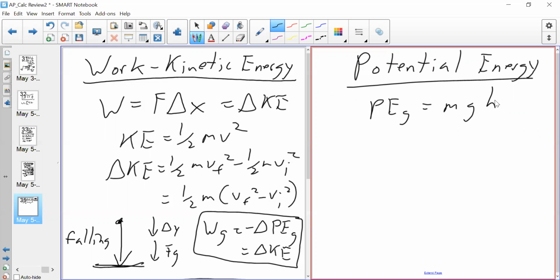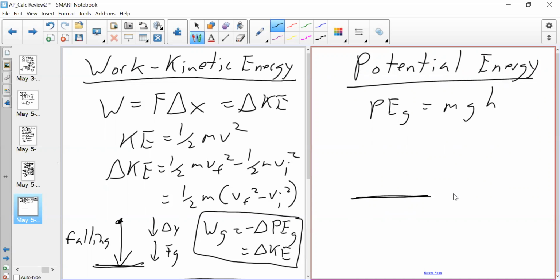It's the energy relative to a vertical displacement. And you can choose any point in your system to be a reference level. So the gravitational potential energy is always with respect to some 0 point.